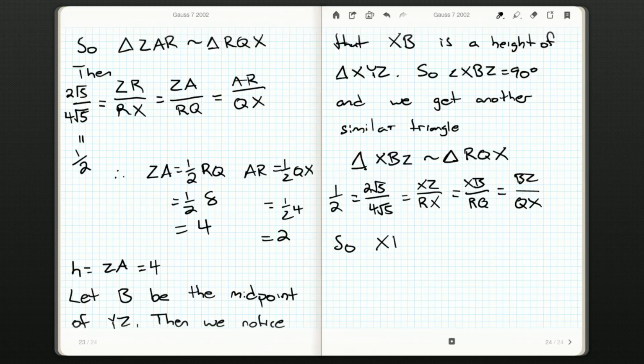So we're not going to write it out as completely as we did last time. So XB is going to be 4, and BZ is going to be 2, a half of 4 and a half of 8 respectively.